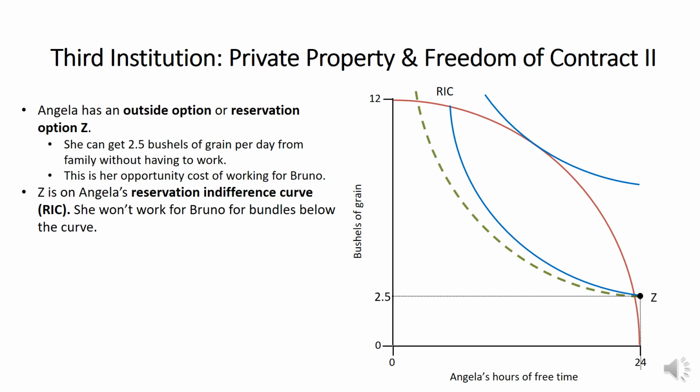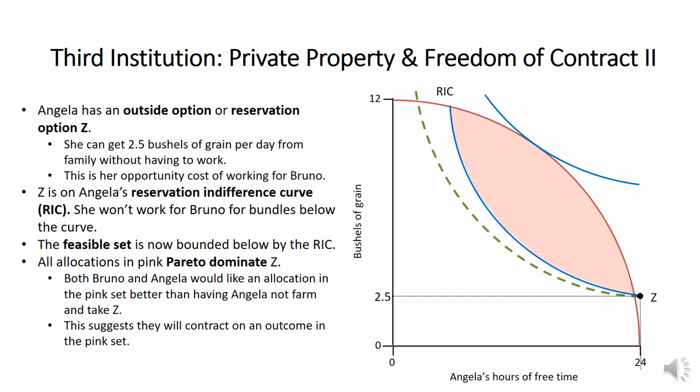And in fact, her reservation indifference curve lies above her survival constraint. So Bruno can no longer, with this outside option, force Angela down to the survival constraint. And so the feasible set is now bounded by the reservation indifference curve and the feasible frontier. All the allocations in pink Pareto dominate Z.